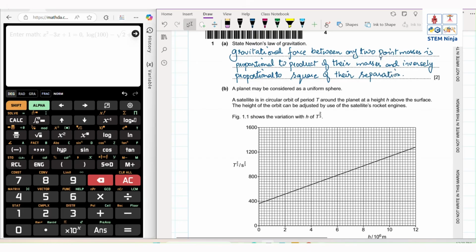Simple. So we can write the point mass thing over here.